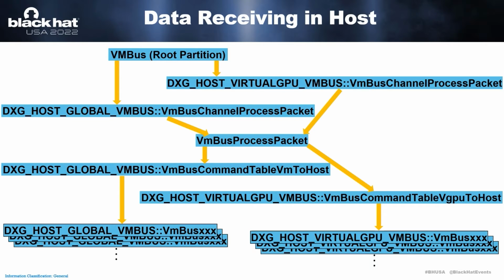And then the VMBus process packet function determines whether to find the handler function corresponding to the command type in the DxgHostGlobalVmbusCommandTable, the VM to host table, or the DxgHostVirtualGpuVmbusCommandTable, the vGPU to host table, according to the channel type. Finally, it enters the specific handler function and continues the flow.